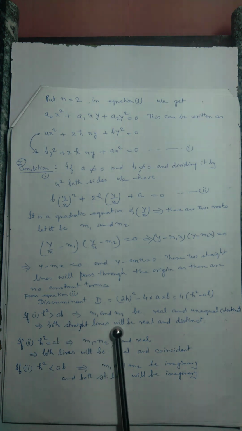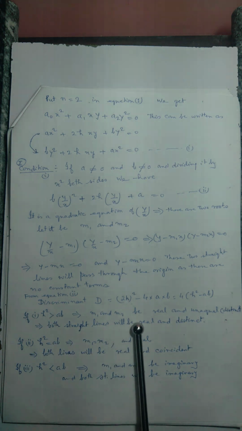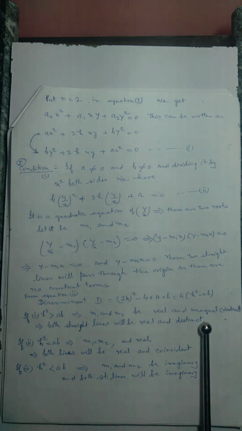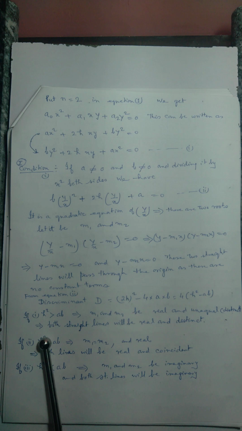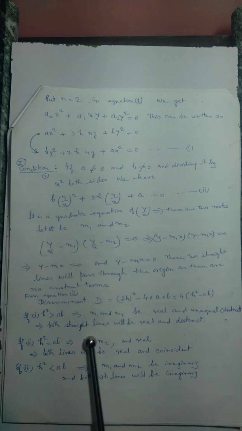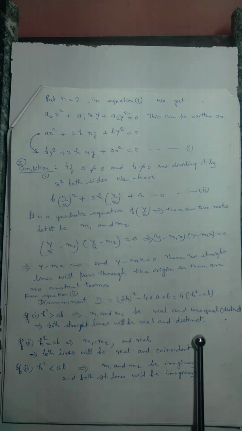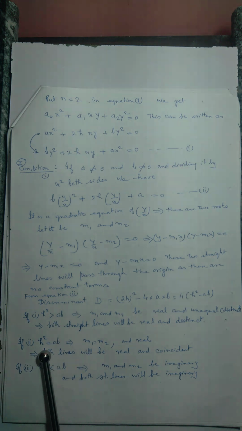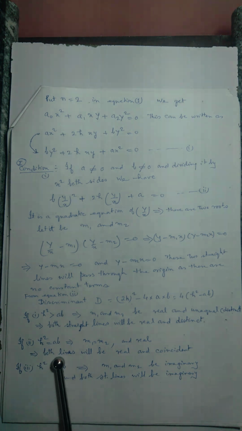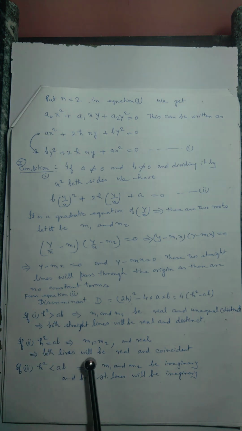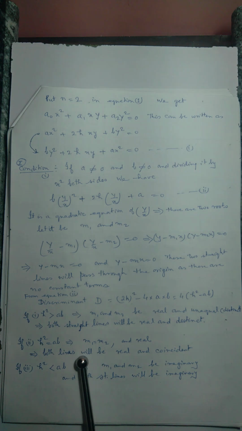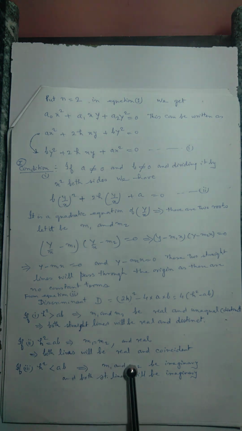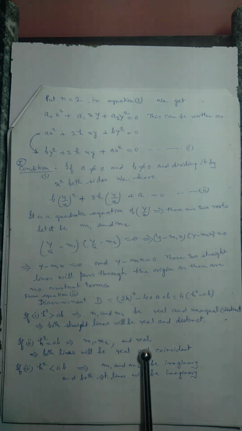At that time m1 and m2 will be real and unequal, or you can say distinct. In that case both straight lines will be real and distinct. If h² is equal to ab, the two roots m1 and m2 of the equation will be equal and real.